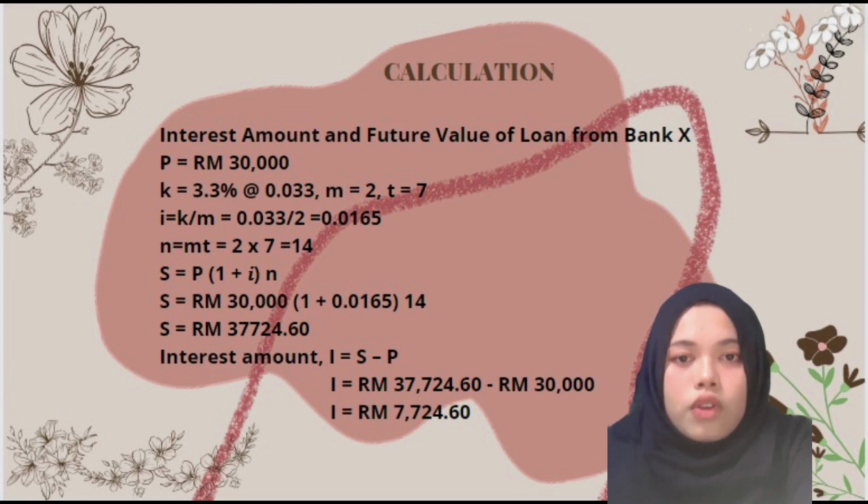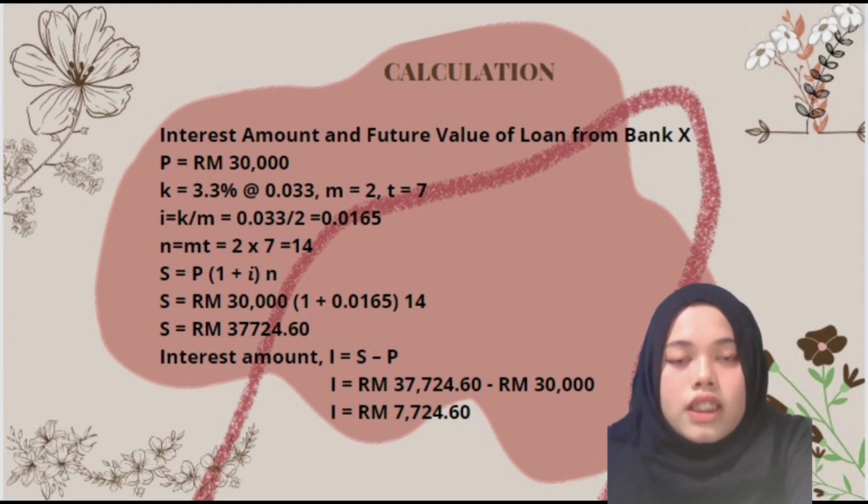Use all the information given to enter into the compound interest formula for future value, which is S equals P in bracket 1 plus I to the power of N. S equals RM30,000 times in bracket 1 plus 0.0165 to the power of 14. So we get the answer for S is 37,724.60.